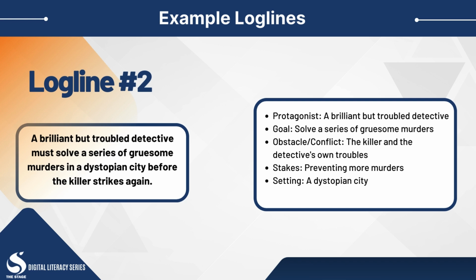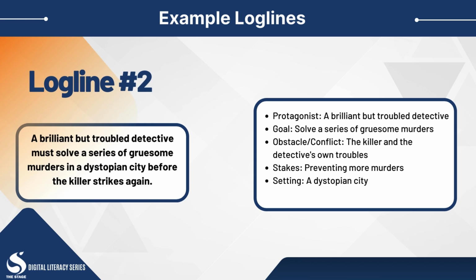How we talk about their strengths, how we talk about their weaknesses, what they bring to the table. The protagonist is a brilliant but troubled detective. Now his goal is he has to solve a series of gruesome murders. That's the goal. Gotta solve the murders.